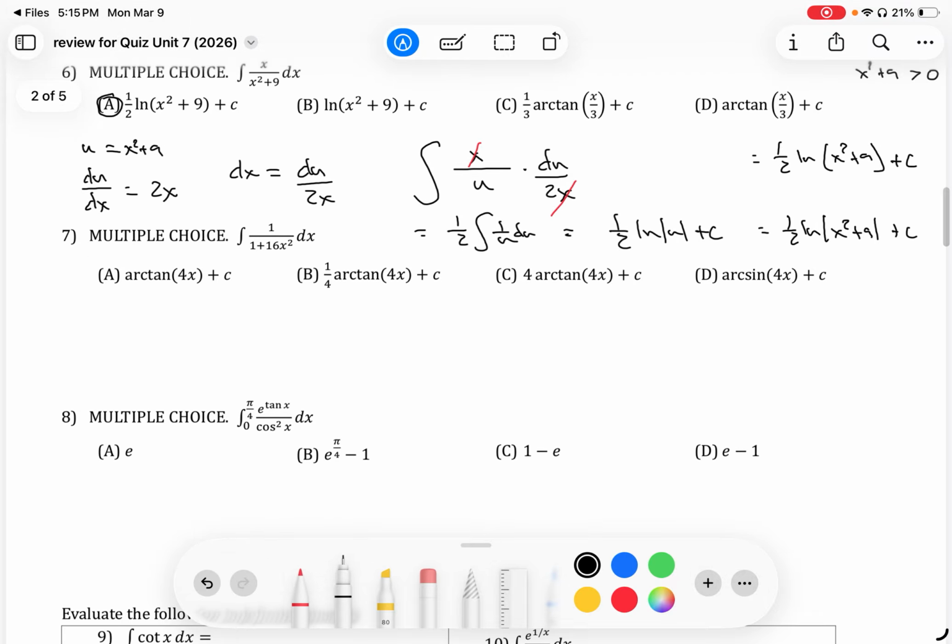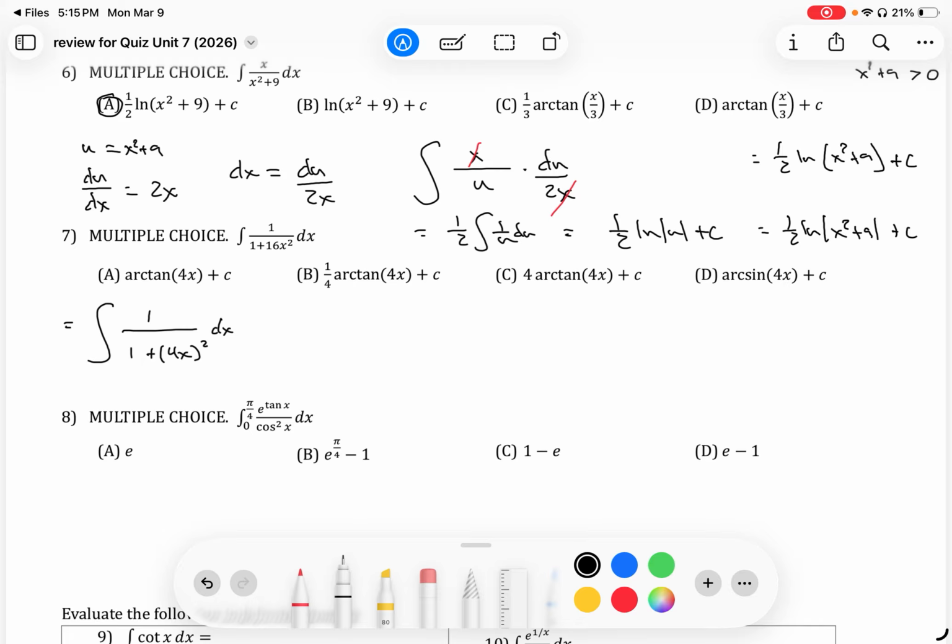Okay, now 7 looks a bit more like an arctangent problem because I have 1 over 1 plus something squared. So I'm going to rewrite this as antiderivative of 1 over 1 plus 4x all squared dx, right? That's the same thing.